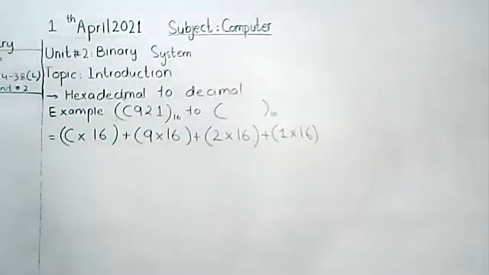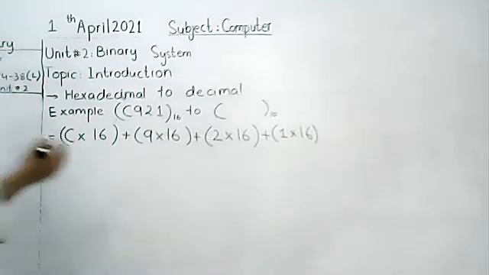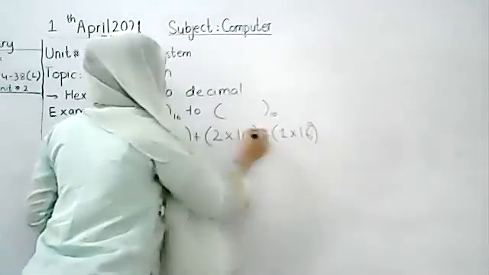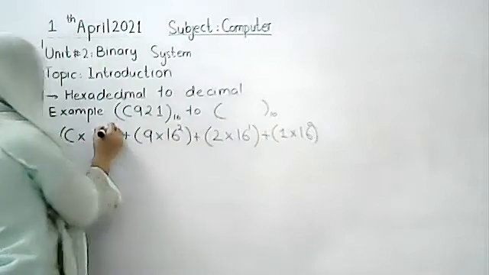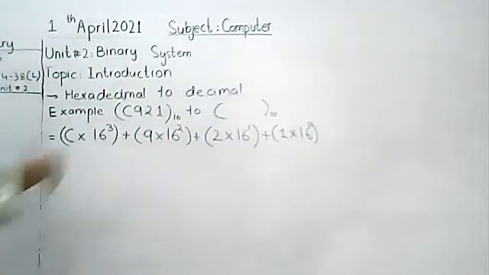Okay. Now we have to write the power. We will start from here 0 1 2 3. आपने 0 से बैकवर्ड स्टार्ट करते हुए काउंट करना है. Okay, now we will go for the multiplication. 16 power 3 is equal to 4096.